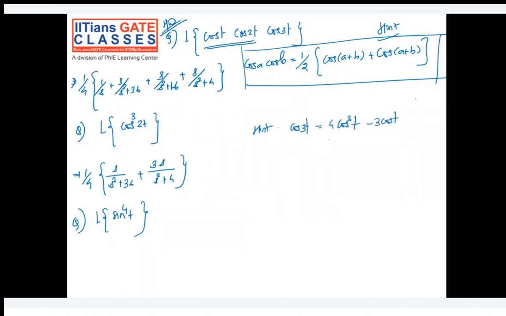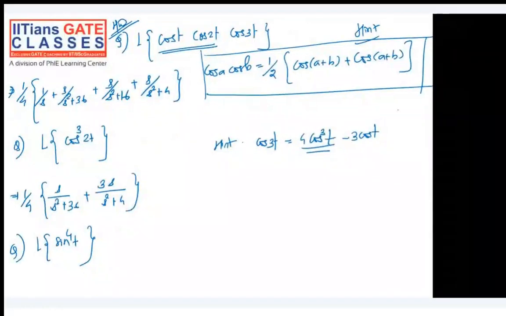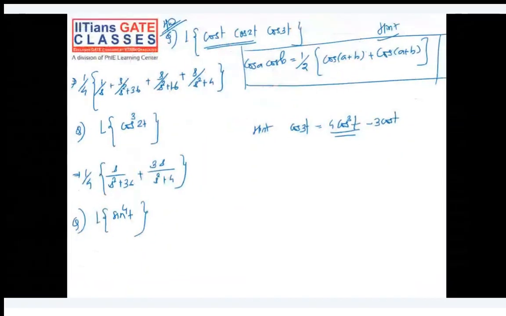Okay, so cos cube t is there in the picture. So what is cos cube t? Cos cube t can be written as 3 cos of t plus cos of 3t, divided by 4.